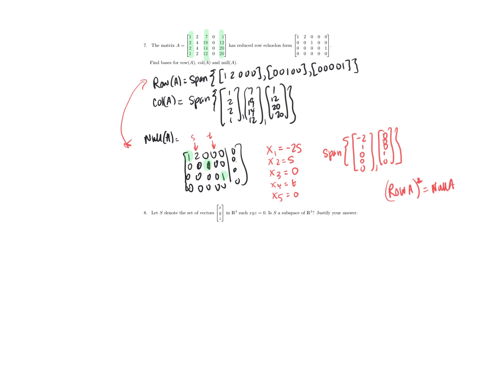And then we have that the column space of A is perpendicular to the null space of A transpose. Okay, and so that's from theorem 5.10.